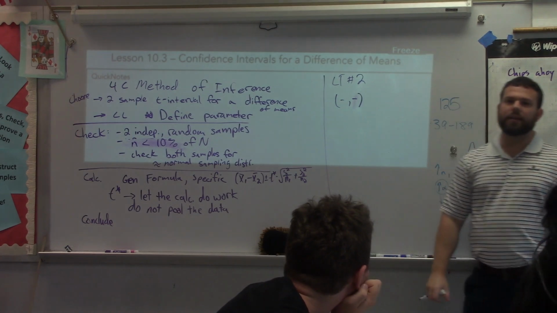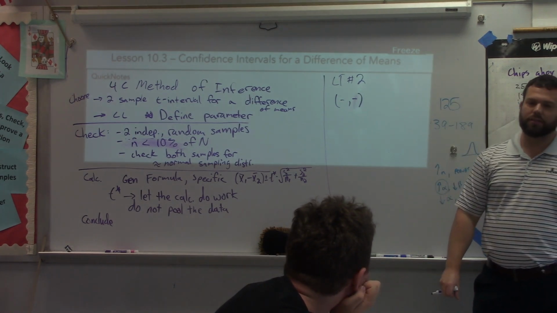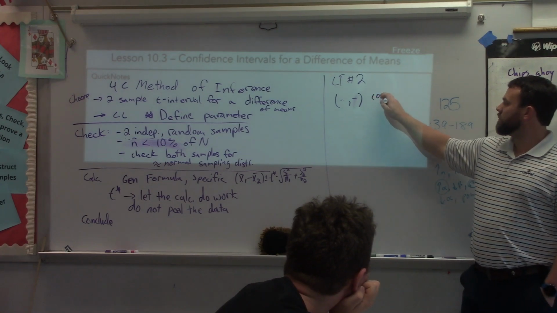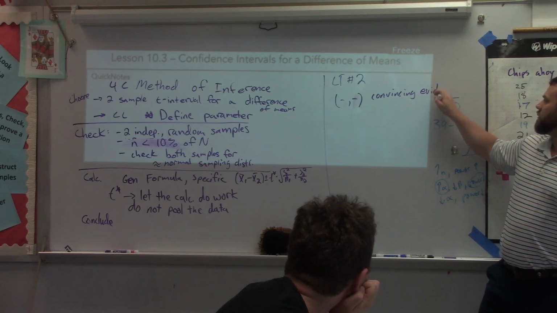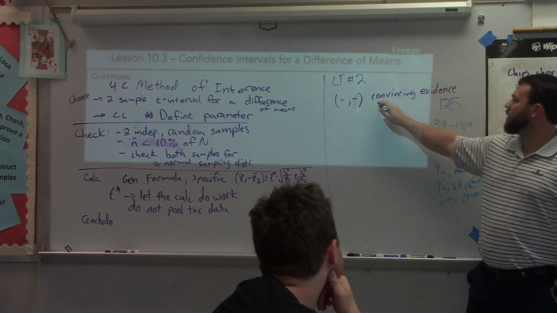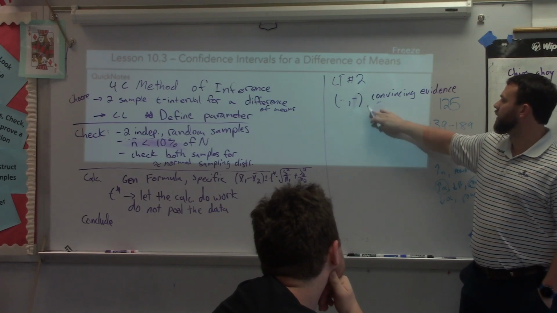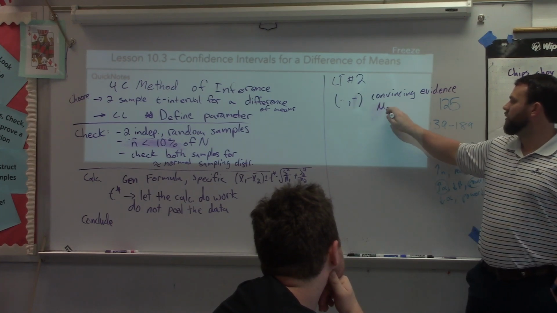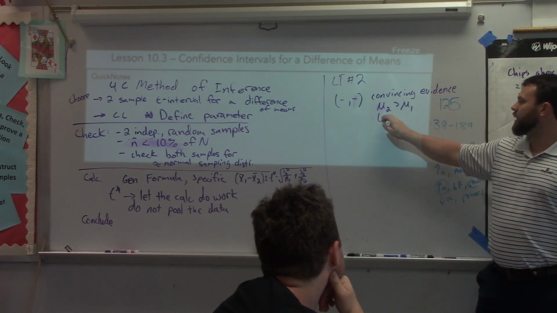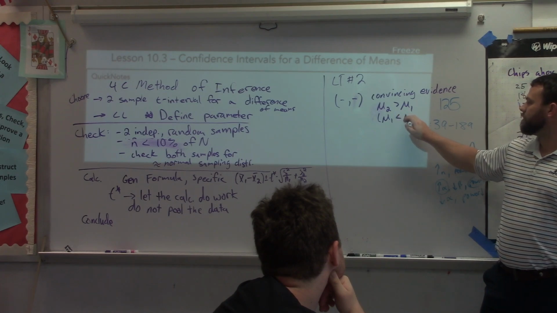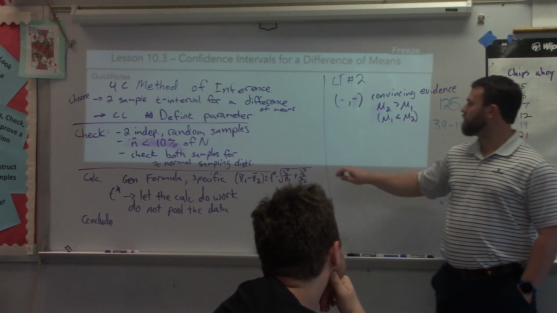If they're both negative, what does that tell us? Two is bigger than one. Convincing evidence that mu, which mean is bigger? mu2 is bigger than mu sub 1. You can also say it the other way, right? Could you just do like mu and mu2 instead of mu1 and mu2?